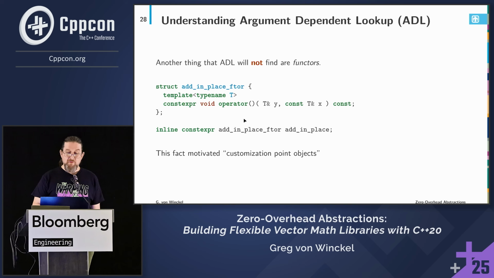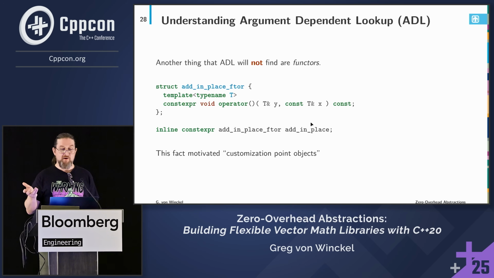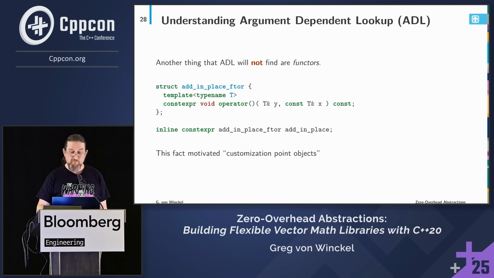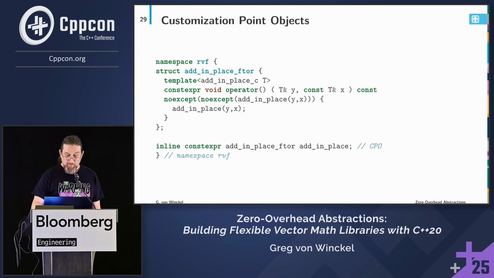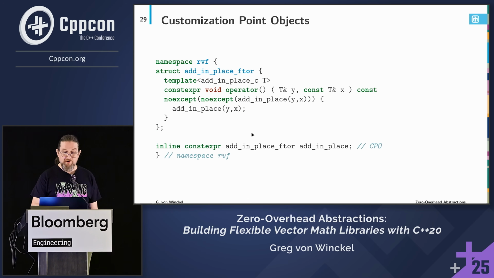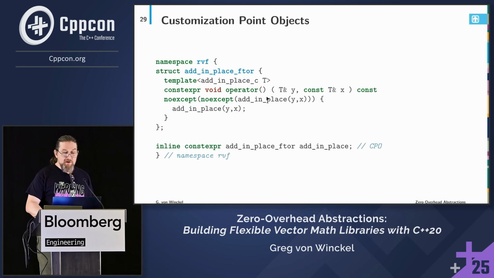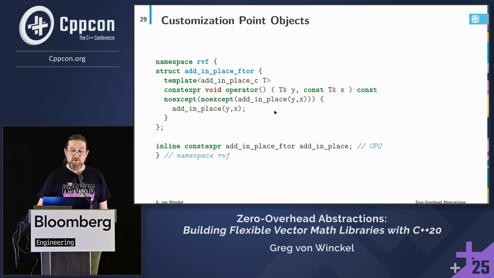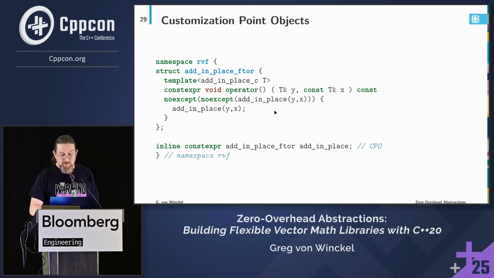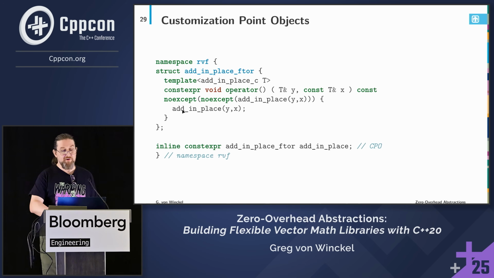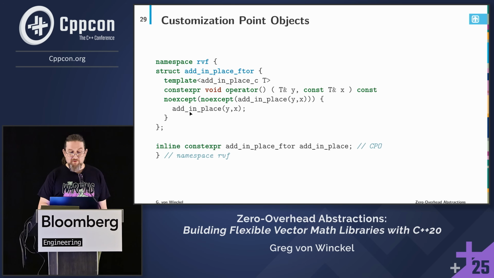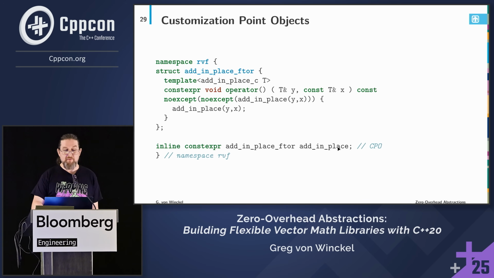So this add in place object is something that can now accept two arguments of the same type, provided the const condition is satisfied. And you can define what happens inside of this call operator here, and this would be some add in place that you define in your own library, and it is not the same as the one at the bottom, right?